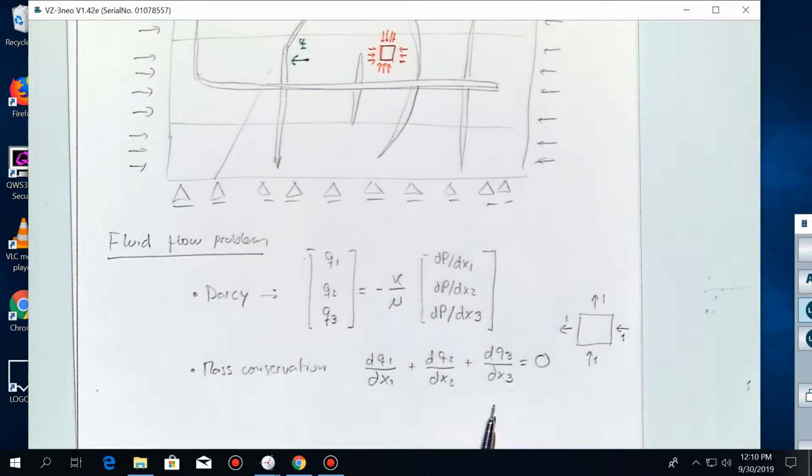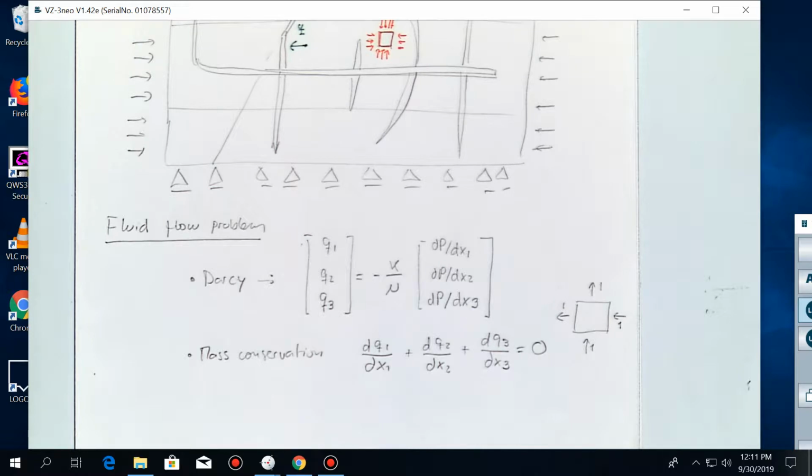So for example, if 1 comes in this direction, then what has to come out from there is also 1. So under steady state conditions, this is the equation of mass conservation, and it means the difference of fluid in direction 1 plus the difference in direction 2 plus the difference in direction 3 all has to be equal to 0. There might be some positive terms, there might be some negative terms, but when you add them all up, that's going to be 0. Yes? Why did you include the dq over dt term? The change of time?